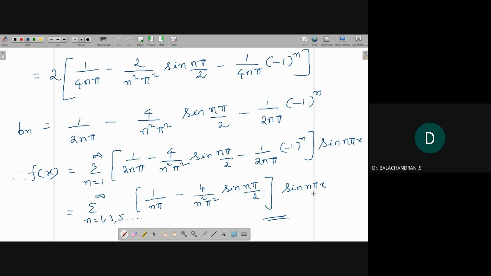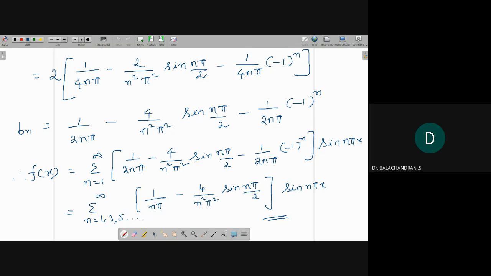The book answer and my answer differ only here. Here I have 4, but in the book it is 2. I don't think I made a mistake. Maybe it's a typo in the book. If you find a mistake, you can point it out. So this is the final answer.